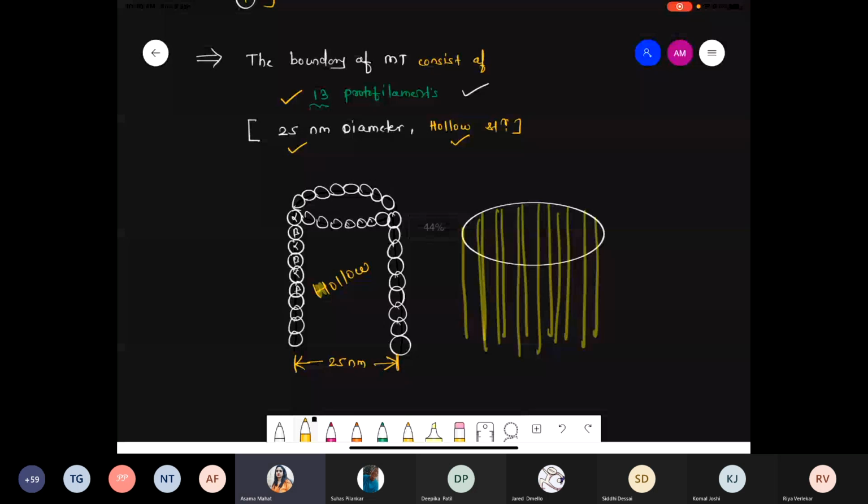Okay. Yeah. So after this tubulin structure, we are talking about the structure of the centriole.